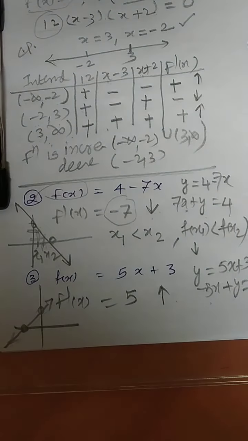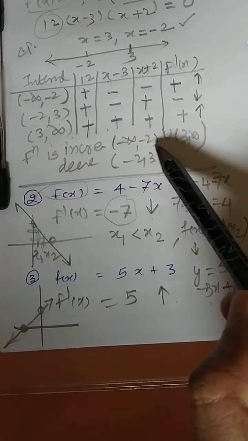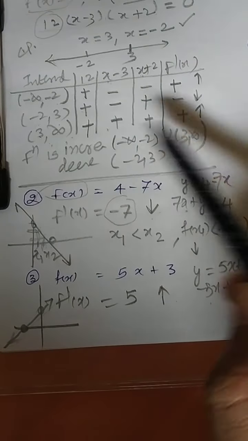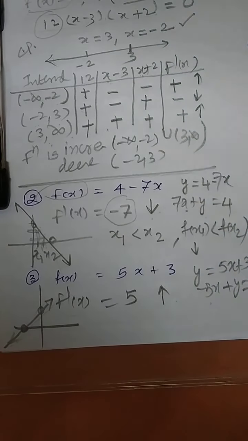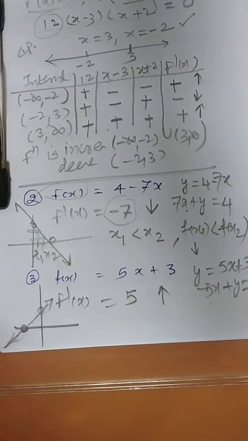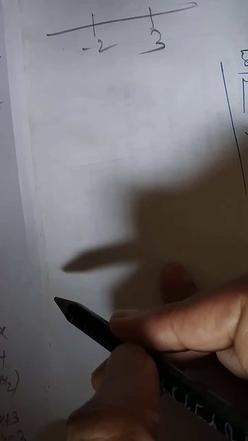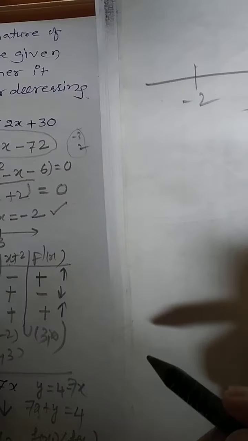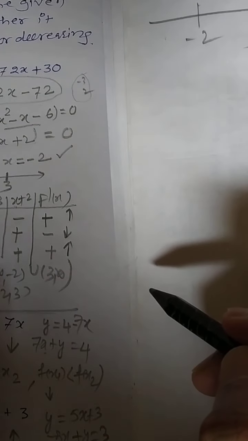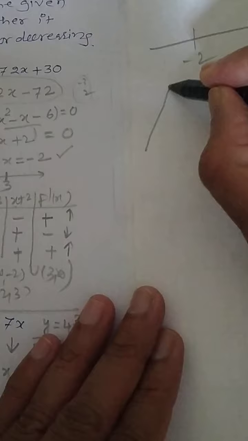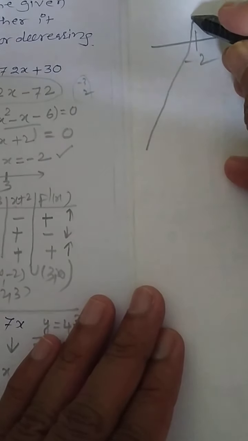In the previous question, what happens? Particularly in that interval, that function decreases and then increases like that. I just want to show it with the graph. We have got the two points: one is minus 2, and over here 3. What is the meaning? If you look at this remark, f dash of x is positive from minus infinity to minus 2, which means it is increasing up to minus 2.